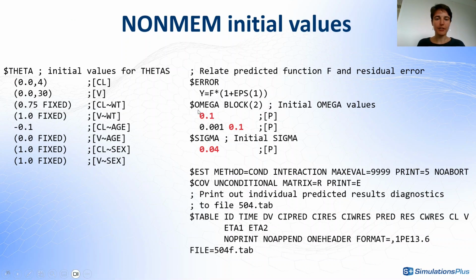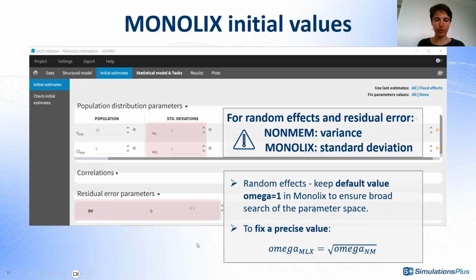Next would be the definition of the initial values for the omega matrix. So let's first see the diagonal elements here, so the variance of the random effects, and also for the sigma. And actually I'm going to show this on the slide so that I can add some additional information. So first, remember that for the random effects and the residual error, in Nonmem you define a variance, but in Monolix we work with standard deviations.